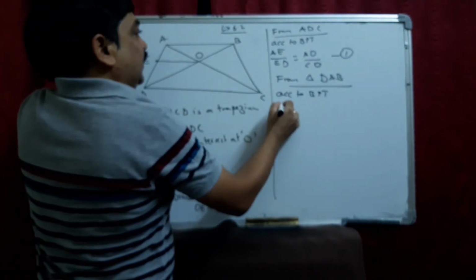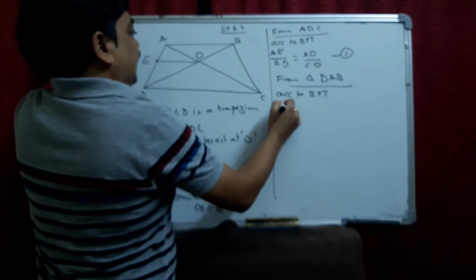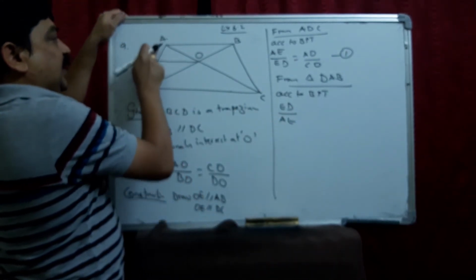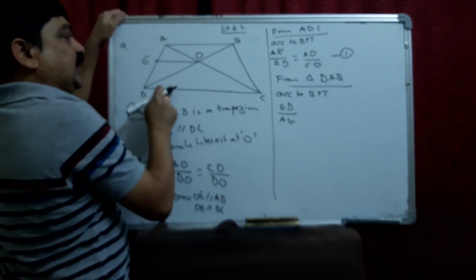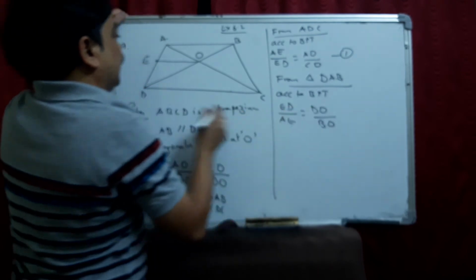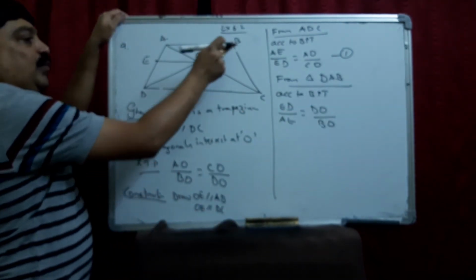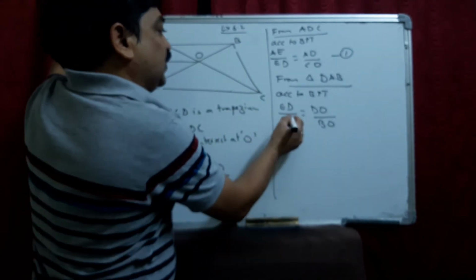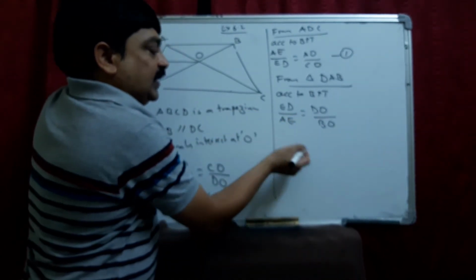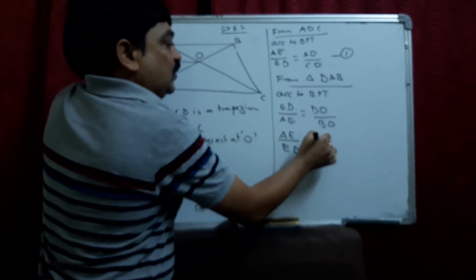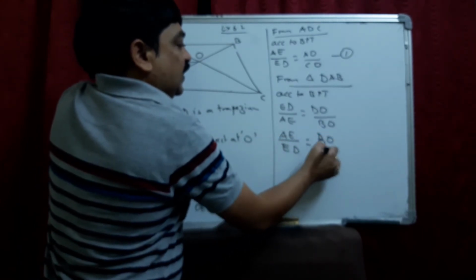DE by EA, or ED by AE, is equal to DO by BO. Okay, to equate these two, nothing looks similar, but when you take the reciprocal, it looks similar. Take the reciprocal: AE by ED is equal to BO by DO.